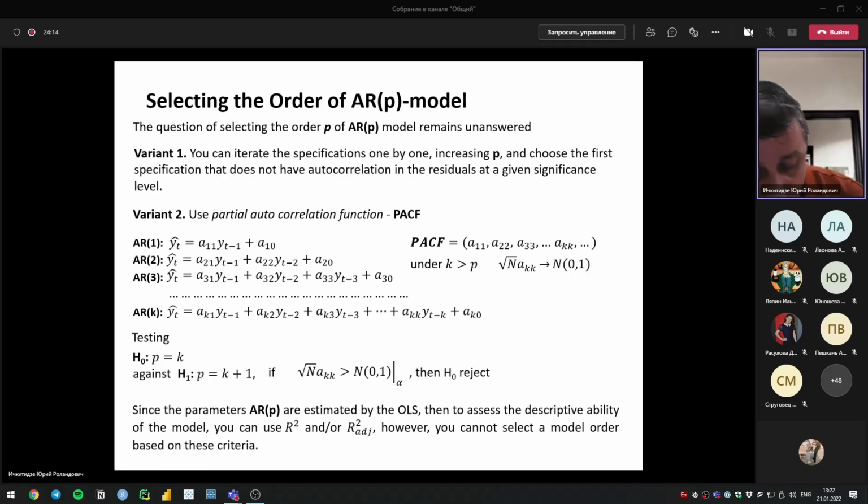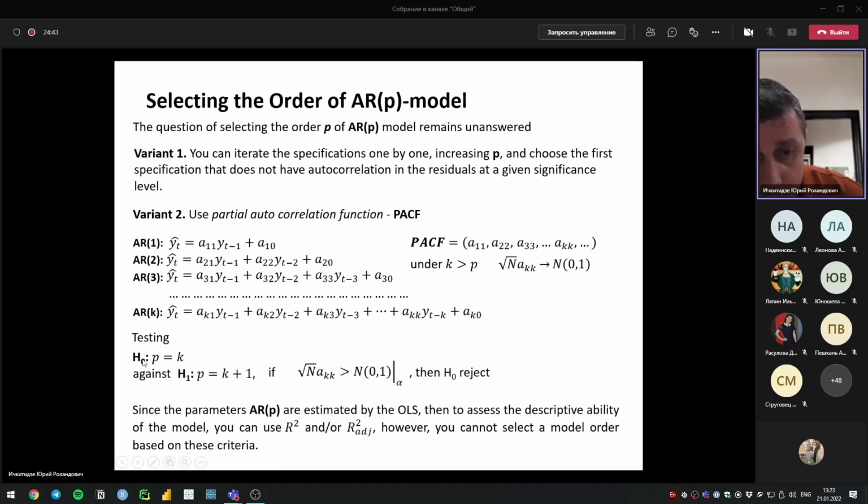That is, using this property, the partial correlation function allows us to test the null hypothesis H0 that the optimal order P of the AR(P) process corresponds to a certain order K. K we sort through 1, 2, 3, 4, 5, and so on.